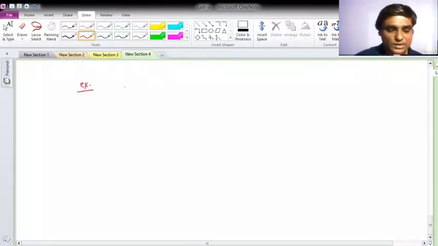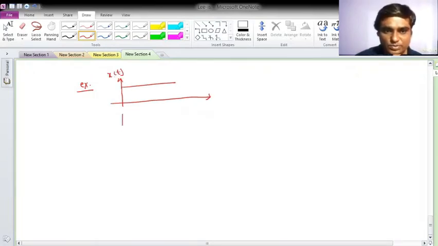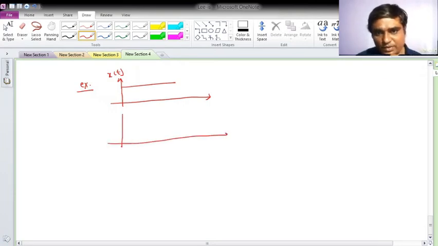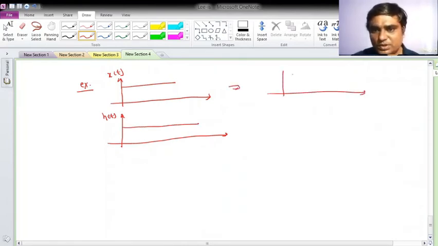Suppose I have the unit step signal like this. One is x of t here, and second, suppose I have the same impulse response, say this is h of t also. So the first step is, you plot both x of tau and h of tau, the same t replaced by the dummy variable tau.